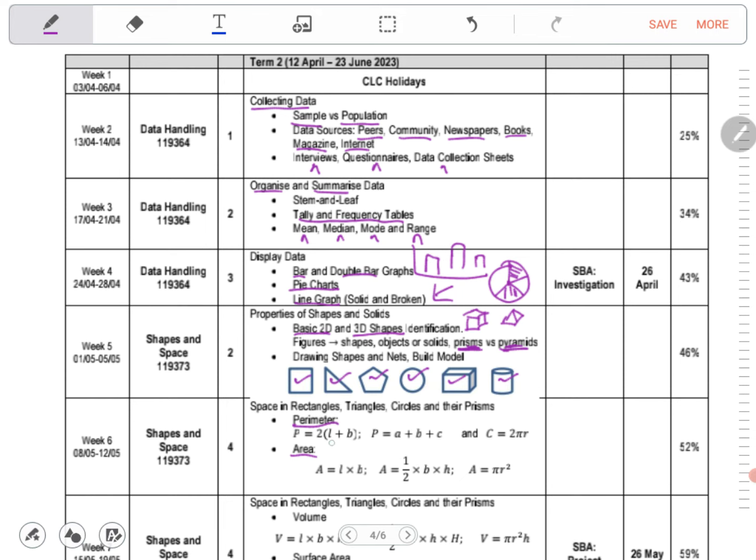For instance, this one is for a rectangular shape, and then this would be for a triangle, and this would be for a circle. Notice that these ones are P for perimeter, while this one is actually a circumference. Circumference is basically the perimeter of a circle.